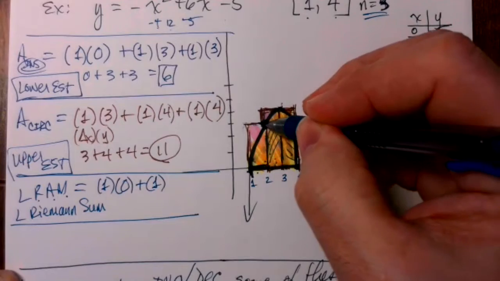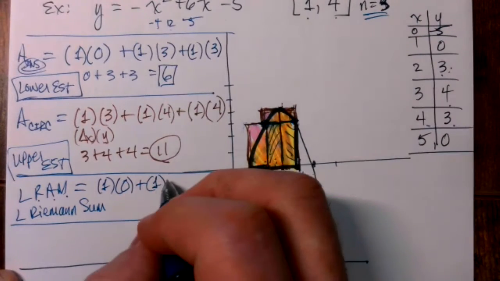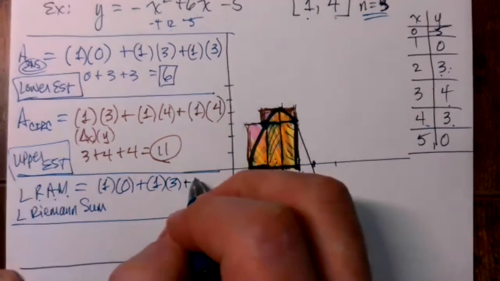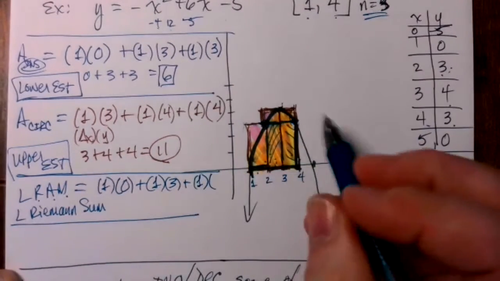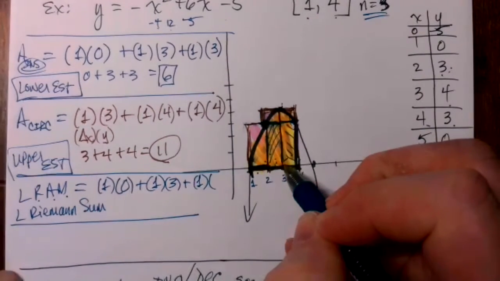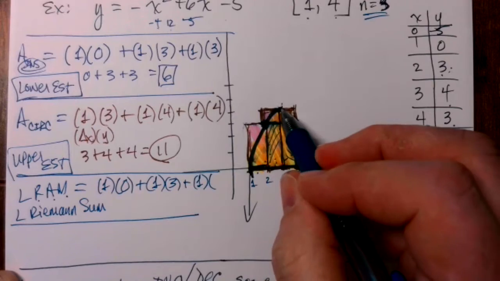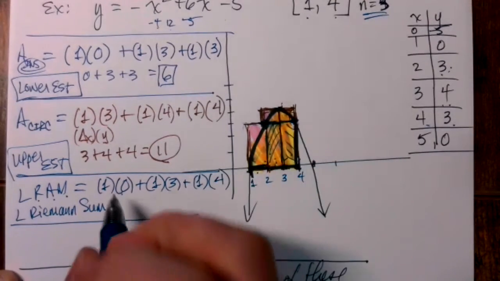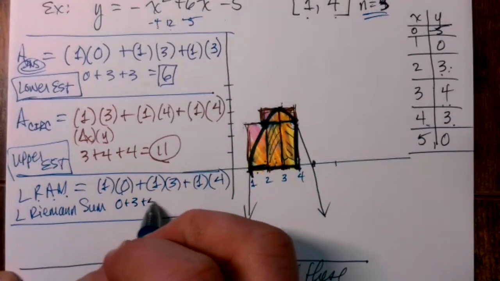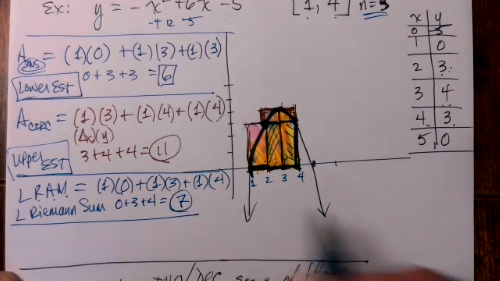So I'm on the x value 2, and that's going to be 3 for the y value. Same idea from 3 to 4, the width is 1. And again, I'm staying on the left side. So from x equals 3, that's a y value of 4. Okay, so this is going to be 0 plus 3 plus 4 equals 7.